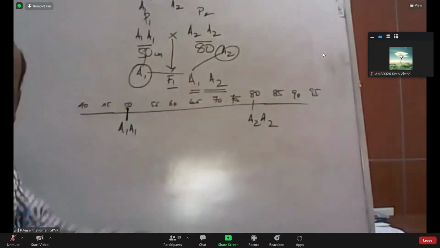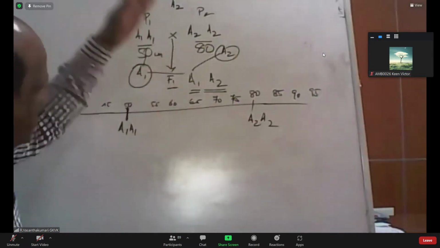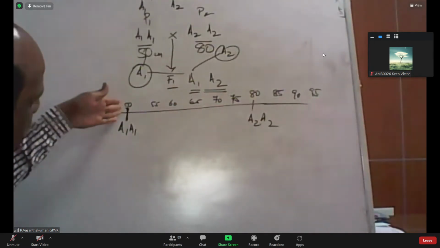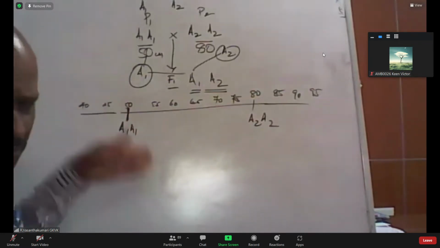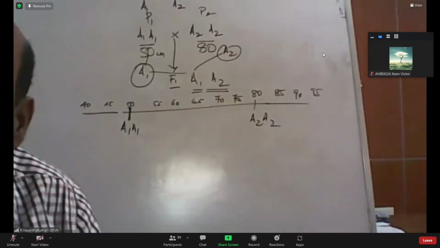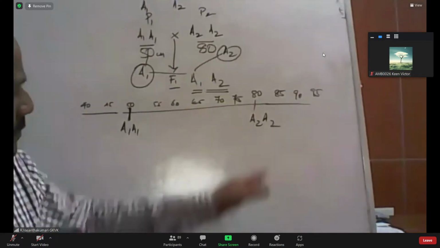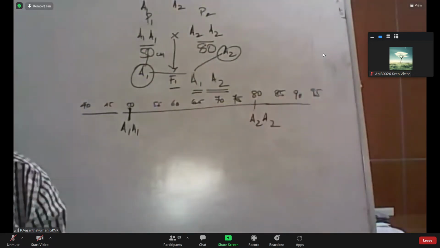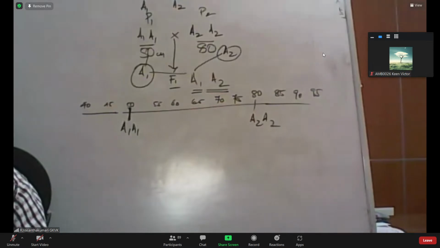If the F1 heterozygote assumes a plant height of 50 centimeters, then we say A1 is completely dominant over A2. If it assumes a plant height equal to A2, then we say A2 is completely dominant over A1. Do you agree?